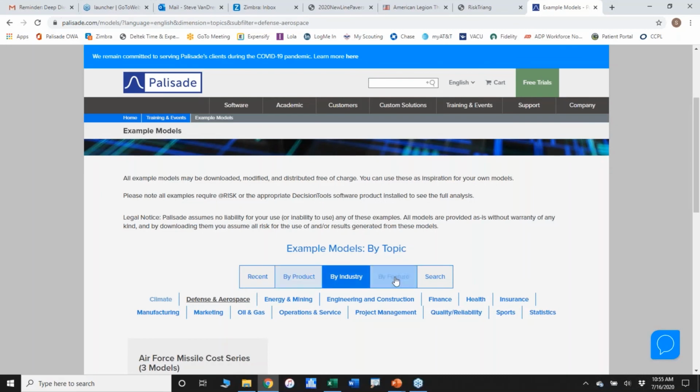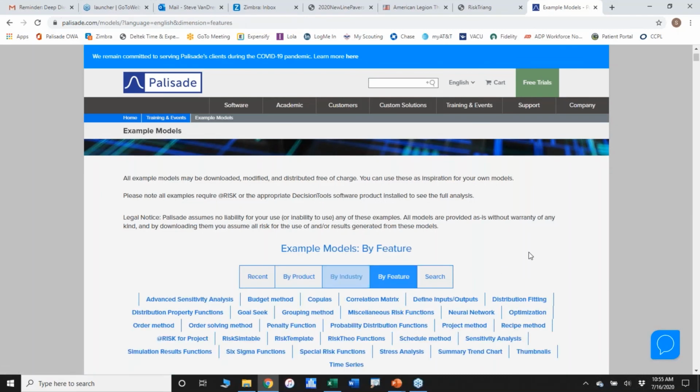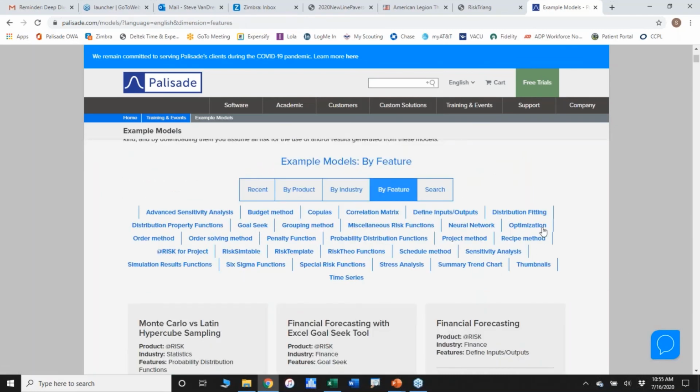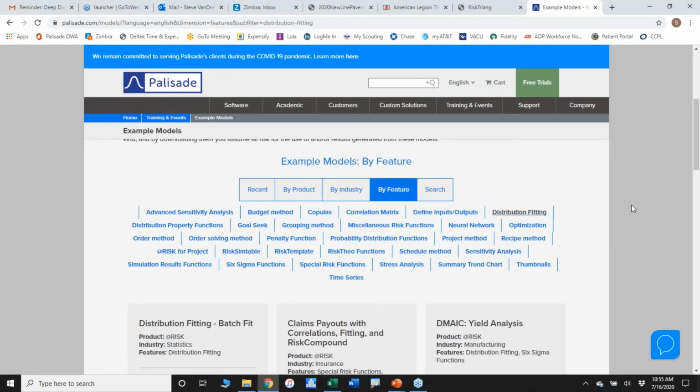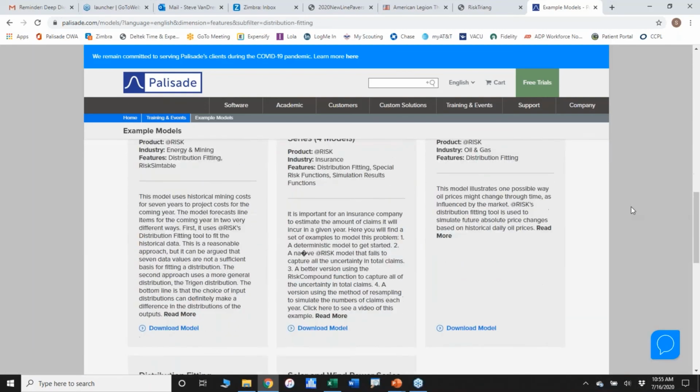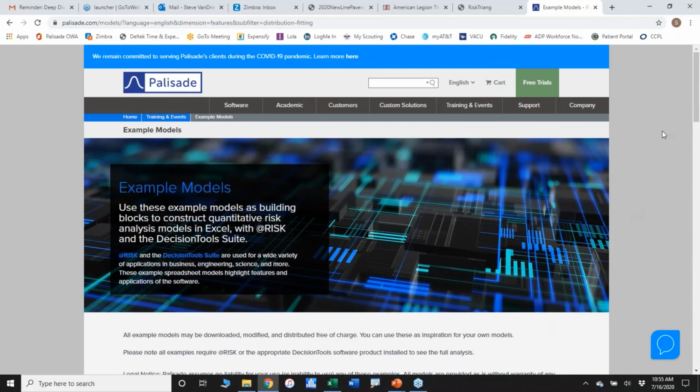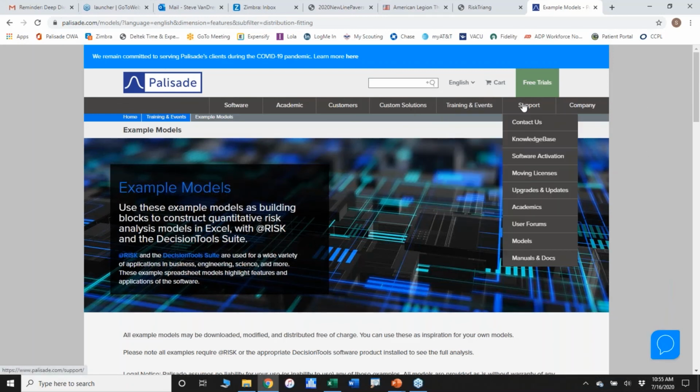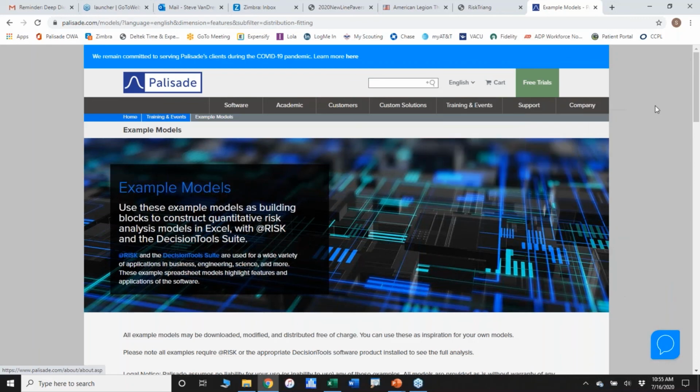You want to see it by features, probably copulas, goal seek, all kinds of distribution fitting. Here we go. You can go in there and you can see some distribution. So I really would encourage you, if you haven't used At-Risk before, to go to the website that I gave you to get a trial version and to poke around in the training and some of the support features available to you.